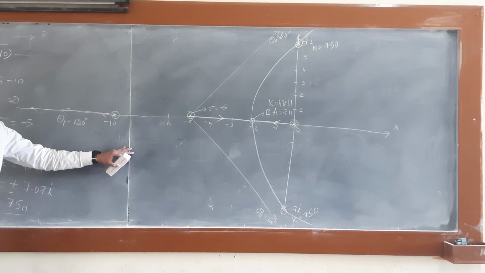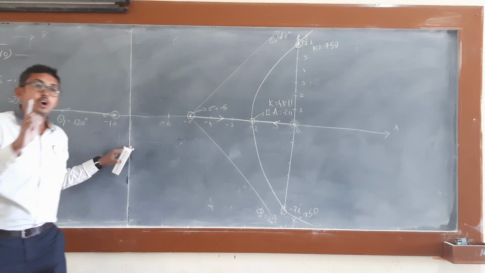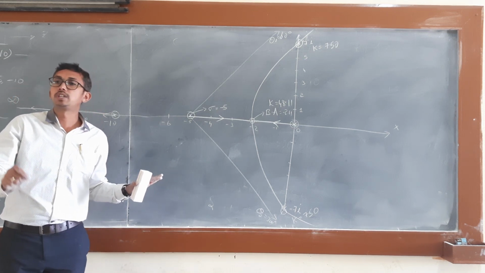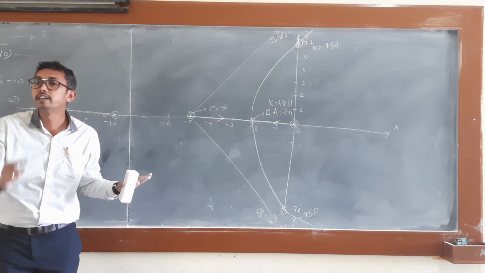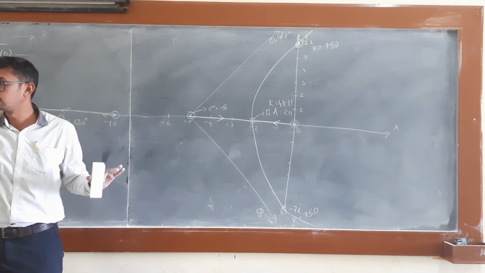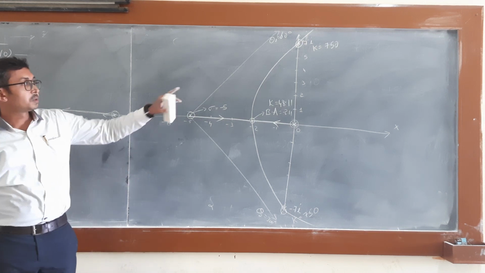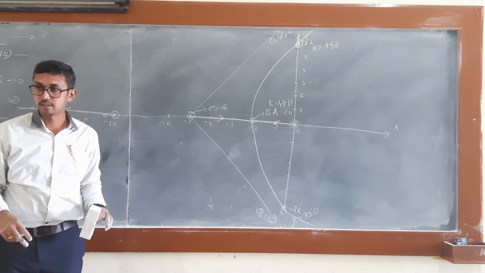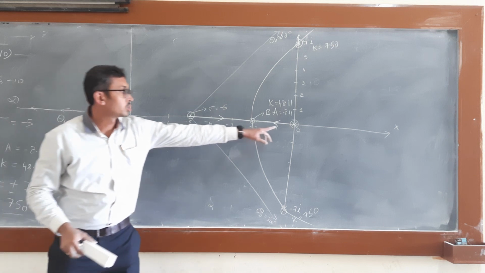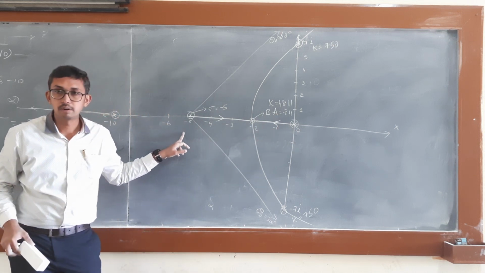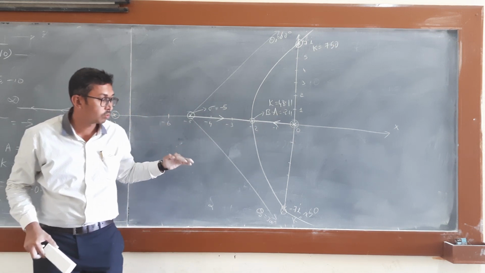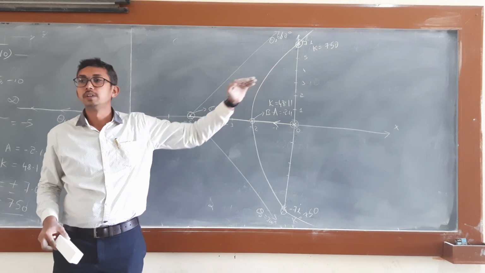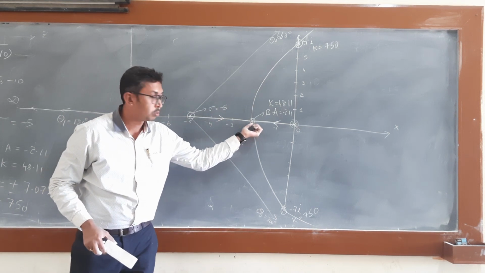So this is how we are going to draw the root locus. You need to remember one thing: the branches always start from the poles and end at the zeros. Here how many branches are there? 3 branches and 3 poles. It is going to start from 0 and from minus 5. When the k value increases gradually, it approaches the breakaway point.